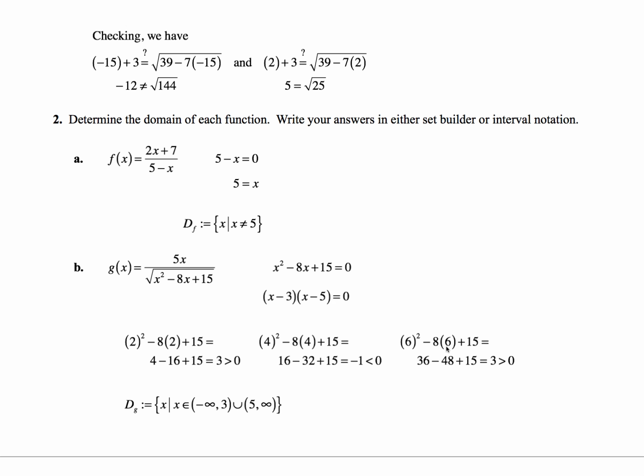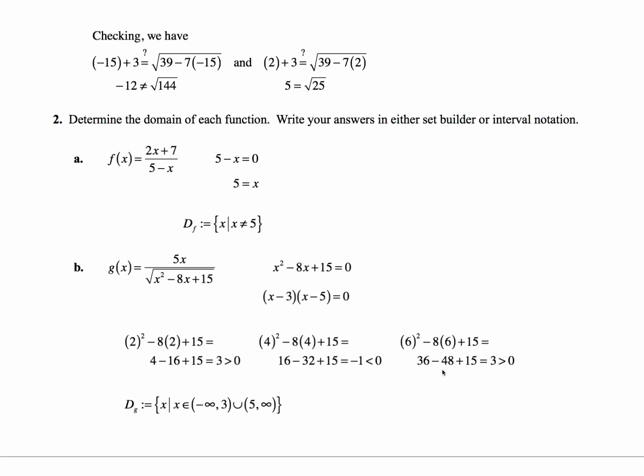greater than 5. I chose 6 because that seemed like it would not be too difficult. I guess 10 really would be the easiest. But anyway, you can use any number in the interval from greater than 5 on to positive infinity. So I chose 6. 6 squared is 36.